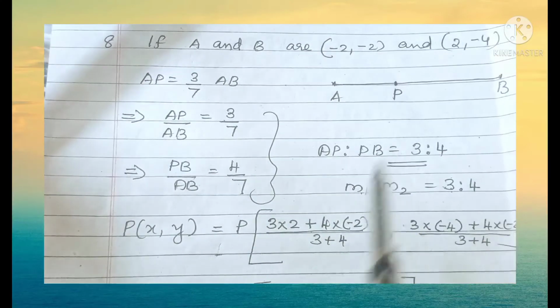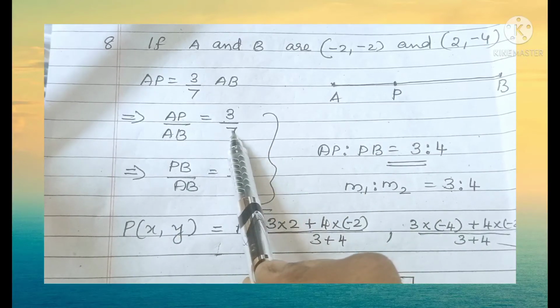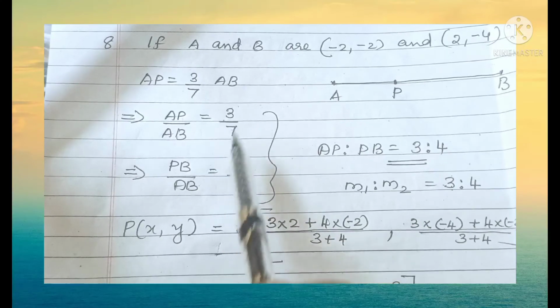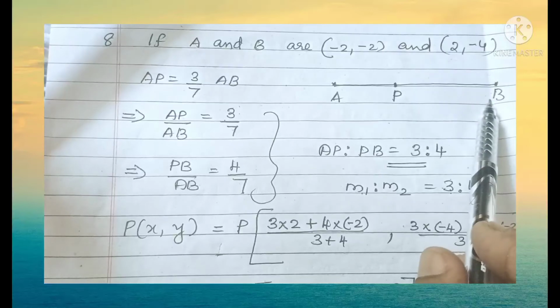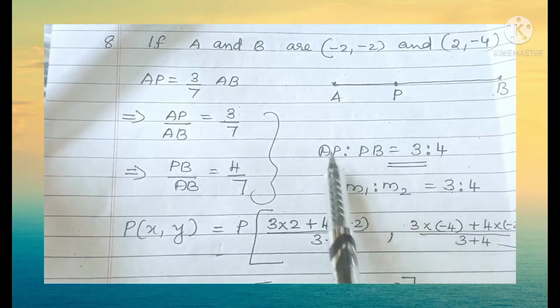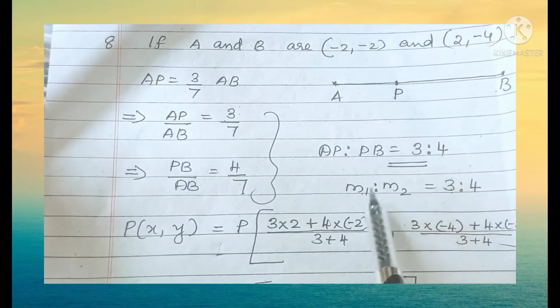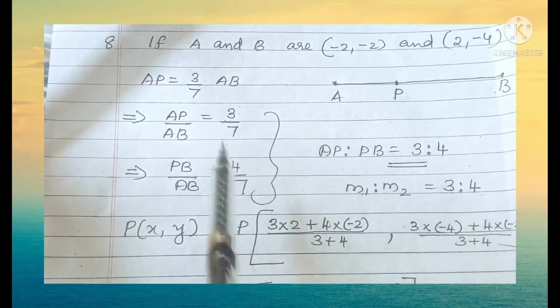So this is the rough figure, and total 7 divisions are there. Out of that, 3 representing AP, so remaining 4 represented PB. So AP is to PB is equal to 3 is to 4. That is, ratio m1 is to m2 is equal to 3 is to 4.